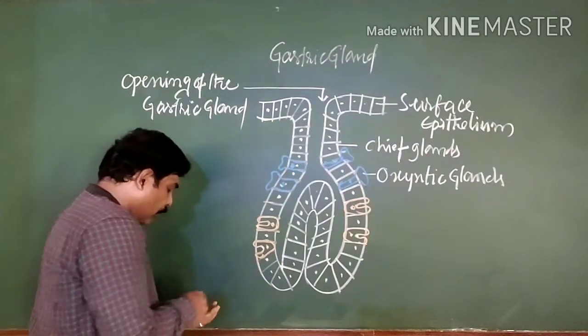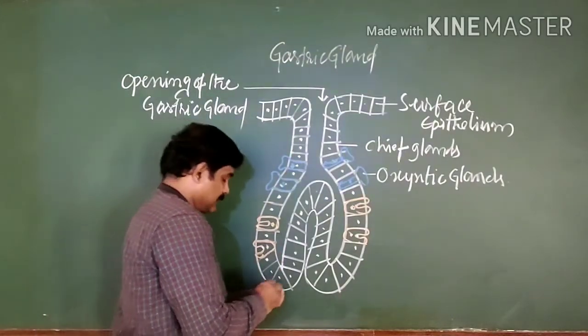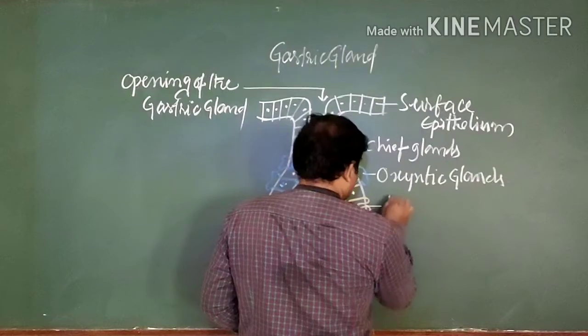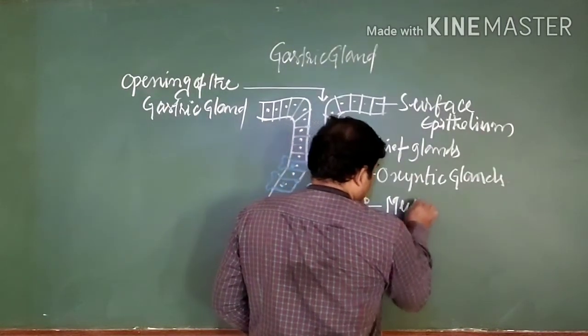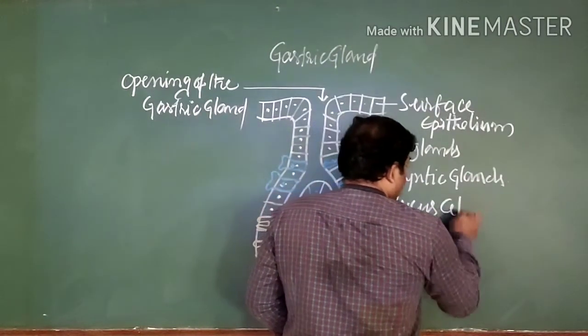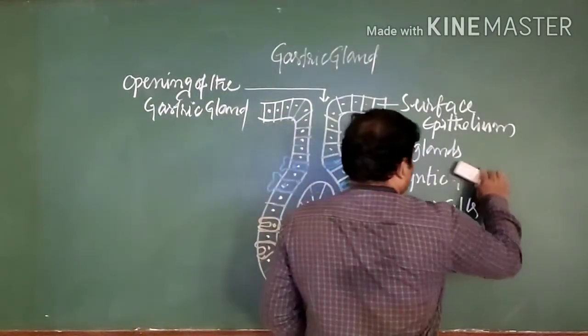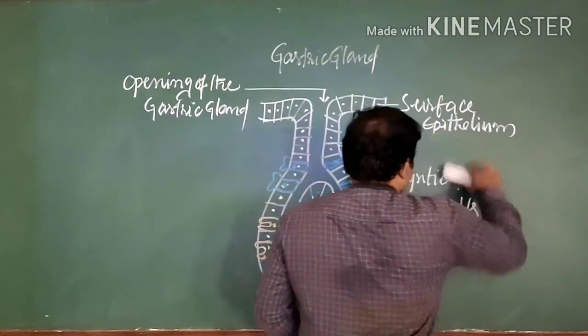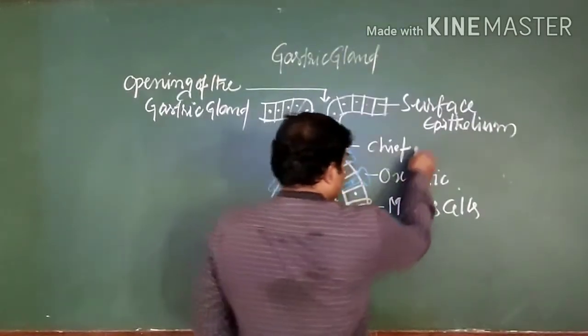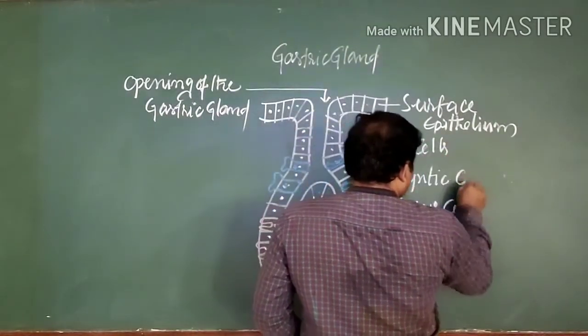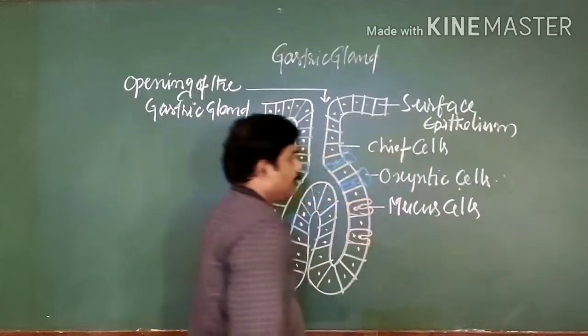Sorry, mucous cells here are known as neck cells. Mucous cells, these are not glands, please, chief cells, and these are also cells.